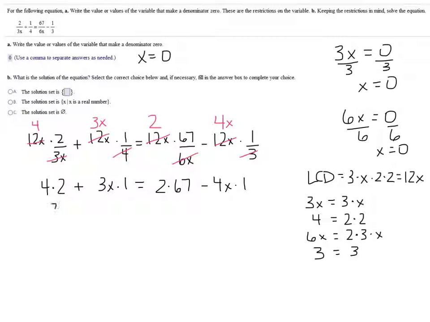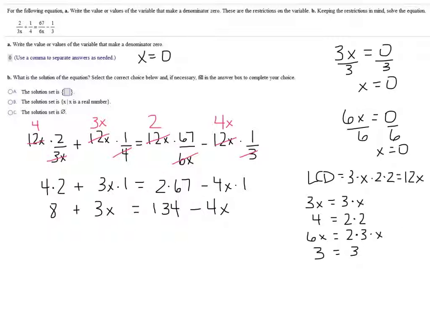So 4 times 2 is 8. 3x times 1 is just 3x. 2 times 67 would make it 134. And the last term is 4x times 1, so I'll just make it 4x. And notice I kept all the signs that I had before, all the operation signs.